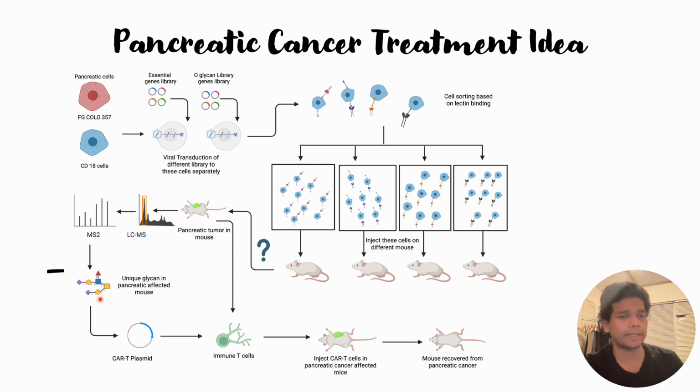That unique glycan can be used as an antigen for the CAR T cell plasmid, and this plasmid is then introduced into the immune T cells to form CAR T cells, that is, chimeric antigen receptor T cells. These CAR T cells will then be transduced into the pancreatic cancer mouse to see whether there is a reversal of the pancreatic cancer within the mouse or not.